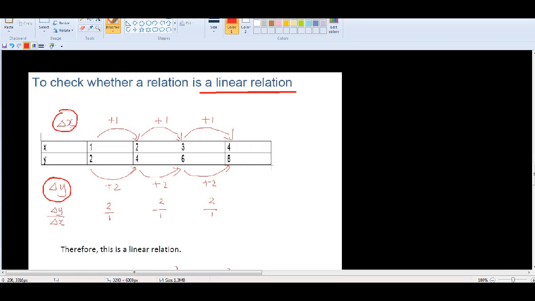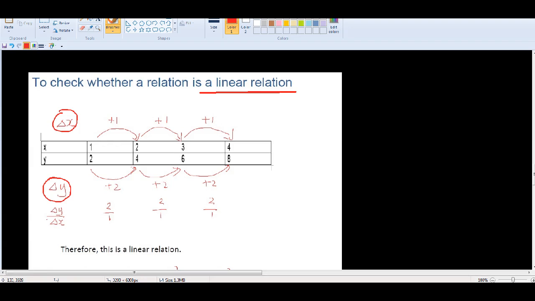How could we see the change in x, not just x? From 1 to 2, 1 plus 1 is 2, so change in x is plus 1. And change in y from 2 to 4 is 2. So from the first pair of numbers to the second pair, x is increased by 1, y is increased by 2.